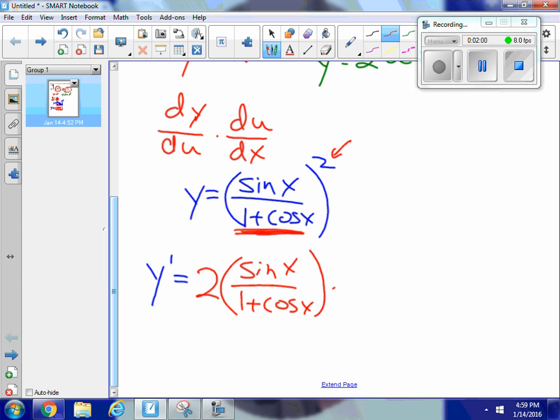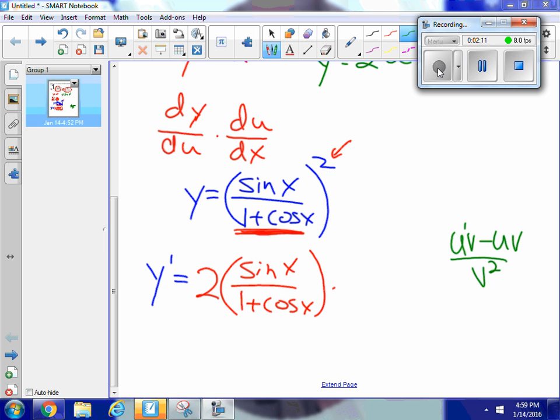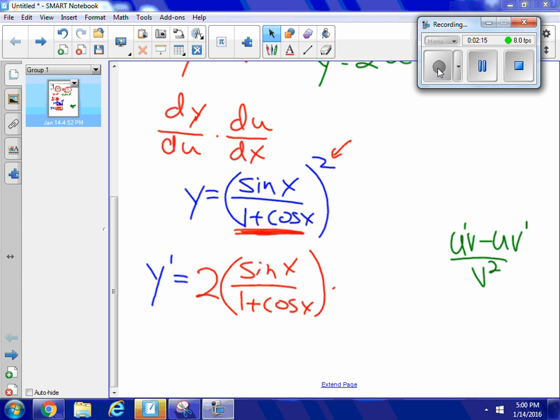Well, now that inside function is a little bit more complex, but nothing that we can't handle. The quotient rule: u prime v minus u v prime over v squared. So I have u prime, so sine x, the derivative of sine x is cosine x.